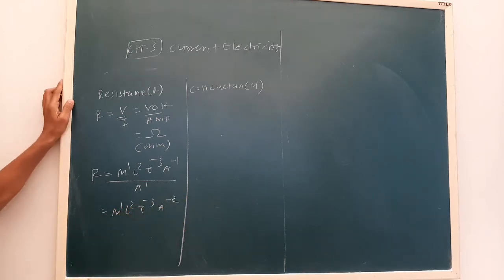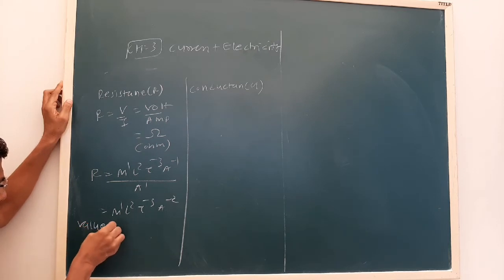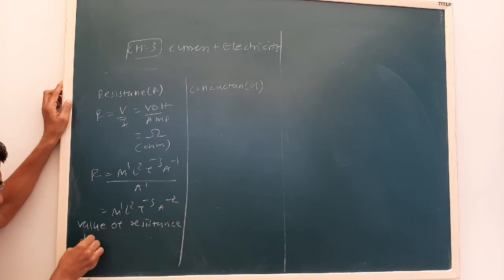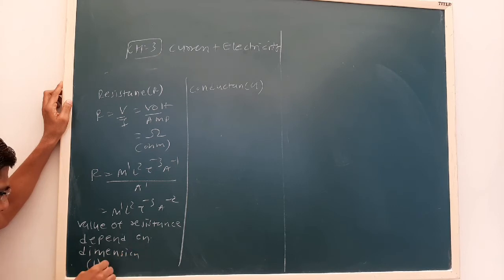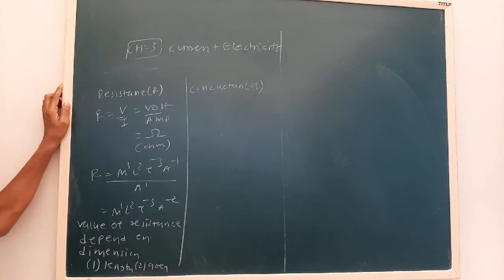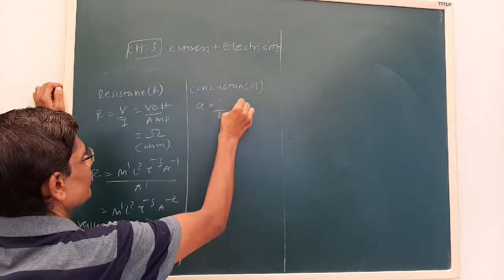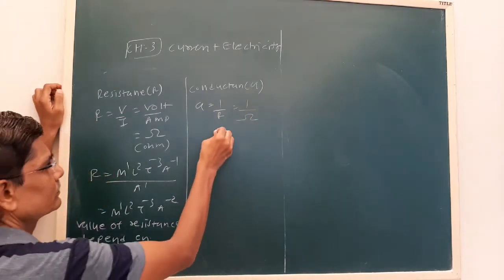Now see, the value of resistance depends on dimension, that is length and area. Now second is conductance, G is 1 by R, so unit will be 1 upon ohm.